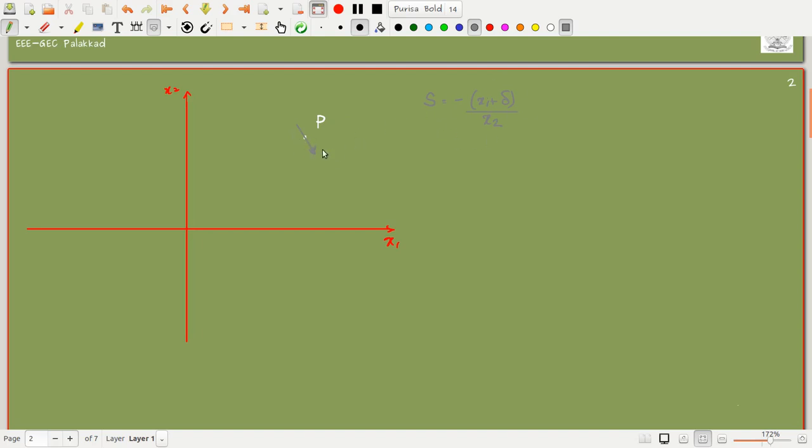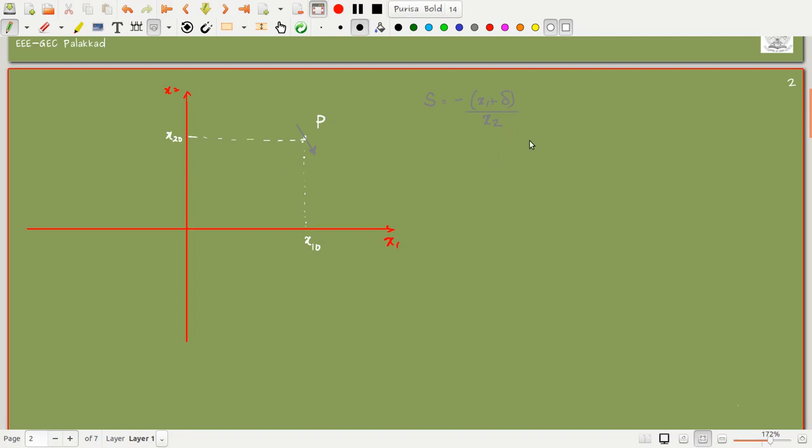So we'll forget this part now. We will try to mark the coordinates of P. P is at a distance of x10 and x20 in the x1, x2 plane.